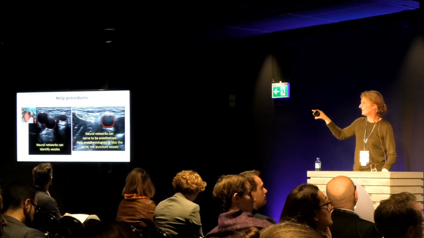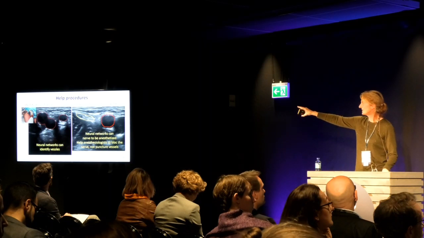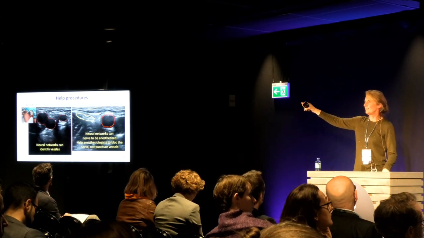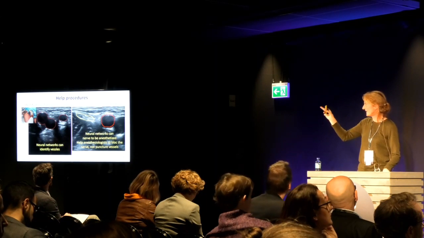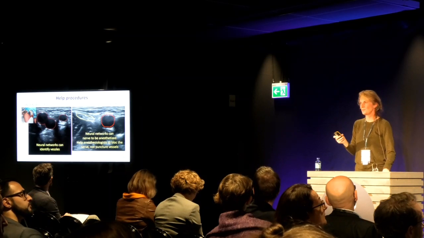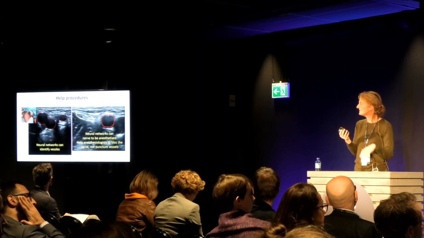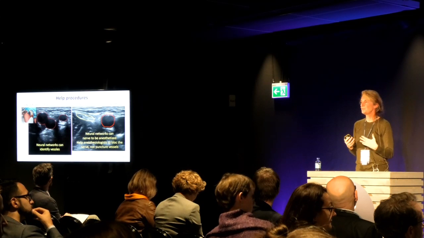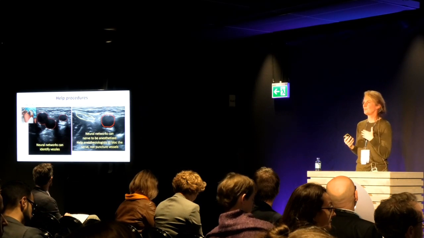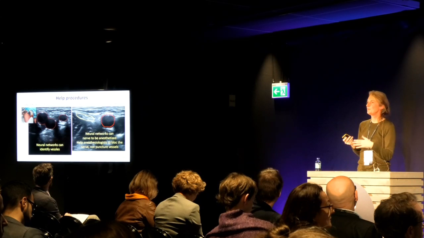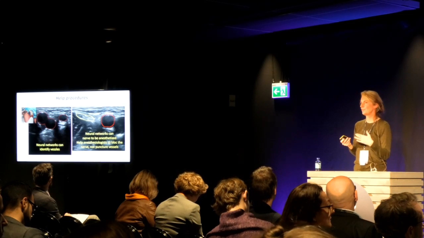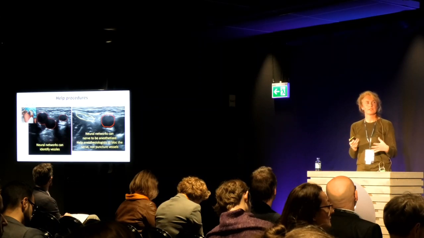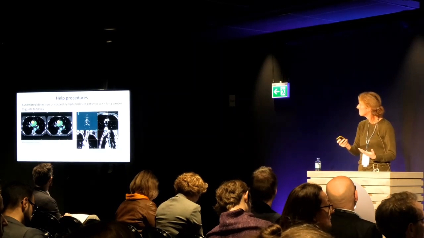So the anesthesiologist can guide how they inject, and make sure they are injecting into the right place. So this is another way that AI can help. It can help us do procedures in a different and safer and more efficient manner, which is especially important for the more junior staff at a hospital.